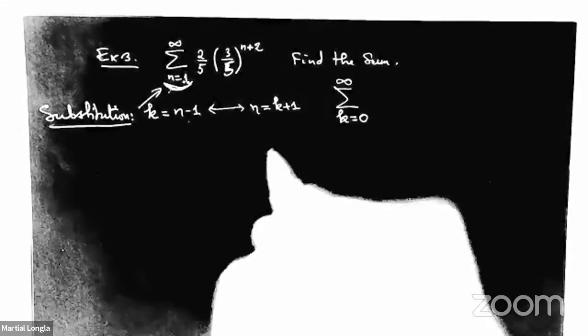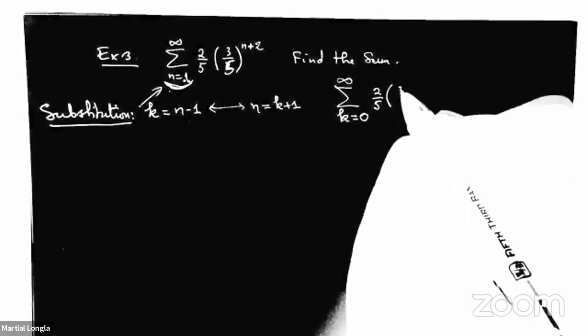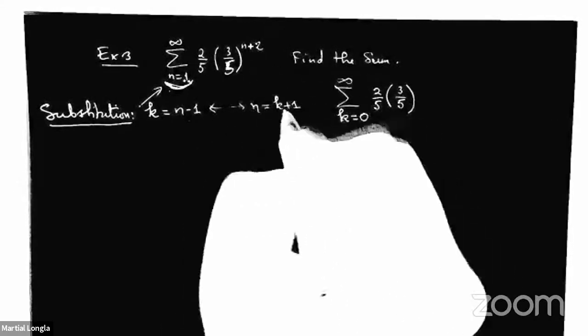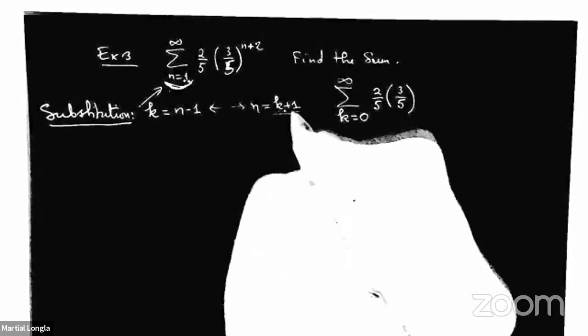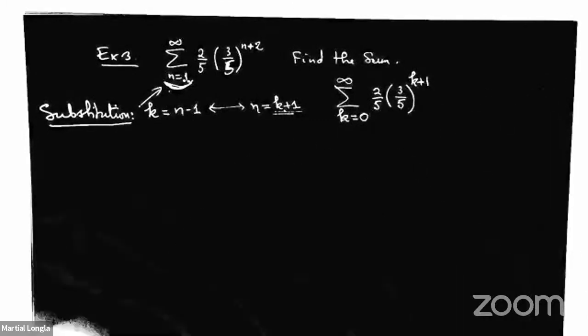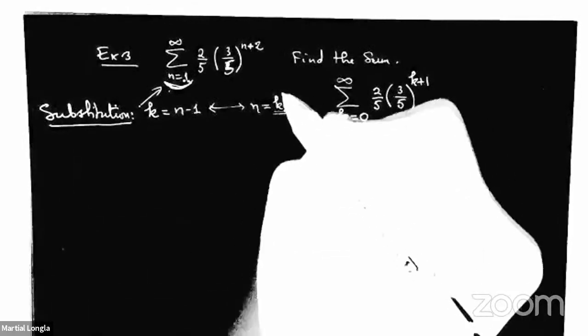And then you got 2/5 and then 3/5 to the power n is k plus 1. So you replace n by its value. N is k plus 1, so I replace n by that.